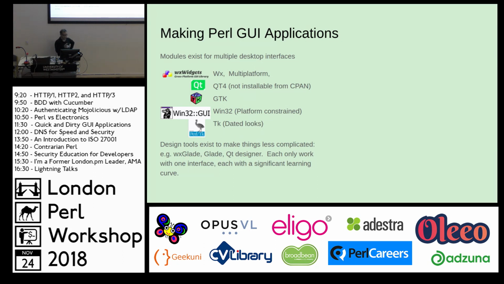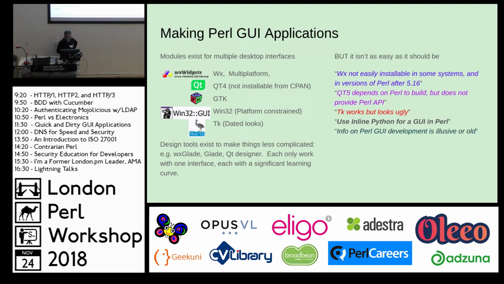Windows applications, I don't have Windows machines, but Windows will have their own Perl toolkit backend. Tk is obviously the most ubiquitous for Perl users, but it's got dated looks, people don't like it. And there are clever toolkits that you can use, WX Glade and Qt Designer, all adding to the things that I have to learn to try and develop an interface.